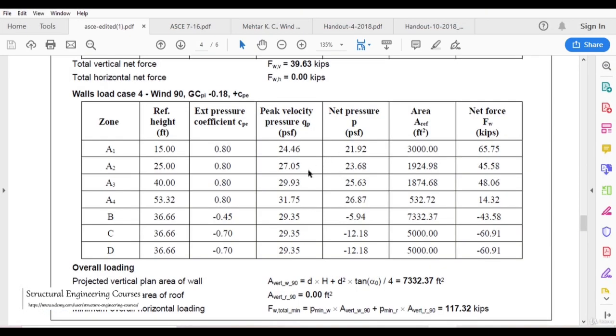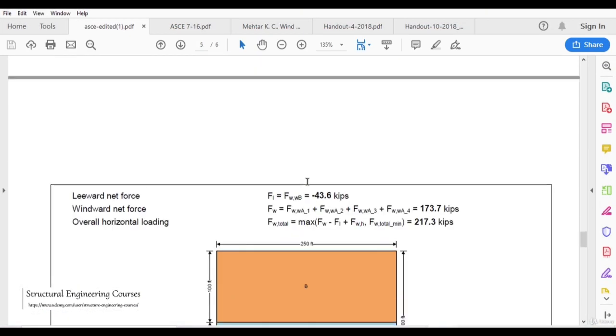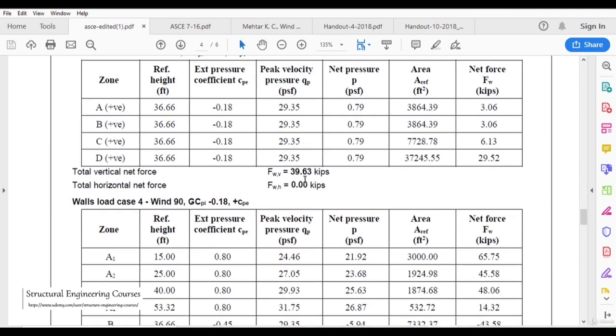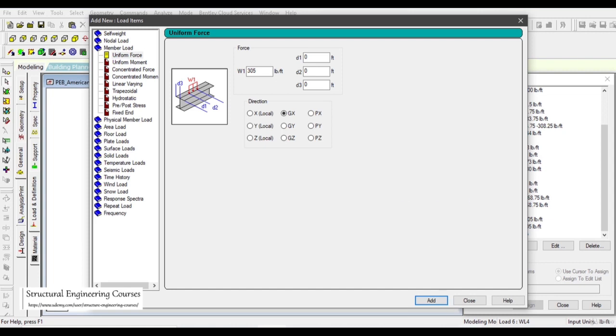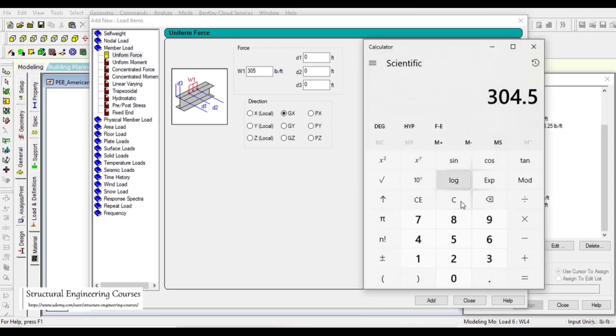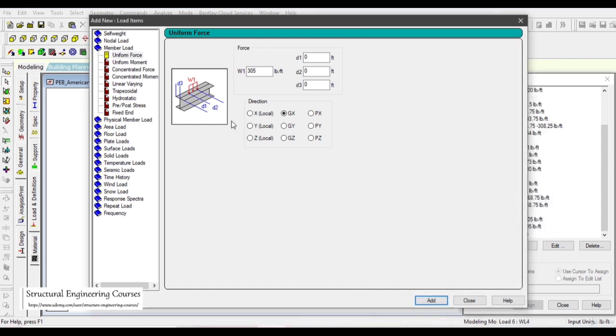After that, for load case number 4 and roofing loading, we can refer here to plus 0.79 PSF. So plus 0.79 into 25 comes out to be 19.75. So we can take 19.75 and it is acting towards the structure.